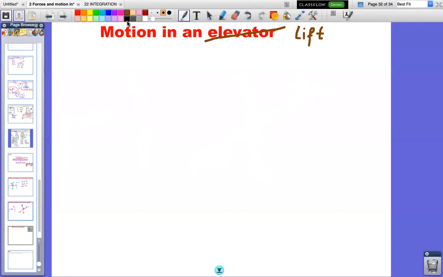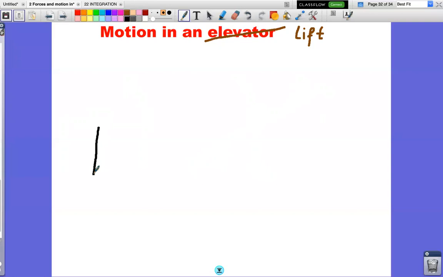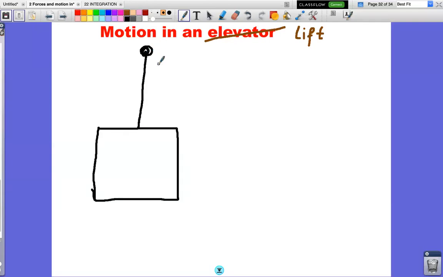So, let's say you have an elevator or a lift. Let's just draw a box for an elevator or a lift. Of course, an elevator should have an elevator cable, right? And then there is a motor here, which pulls this cable up or releases the cable for the elevator to go down, right?